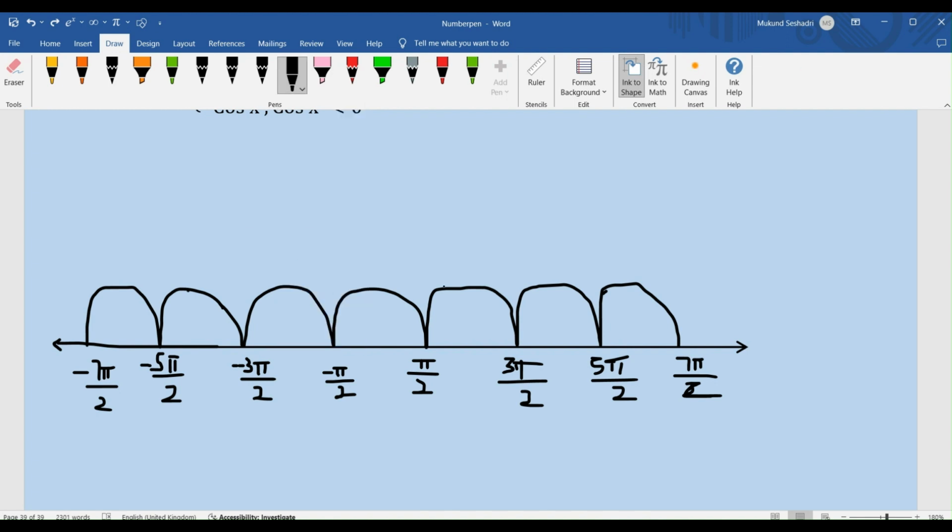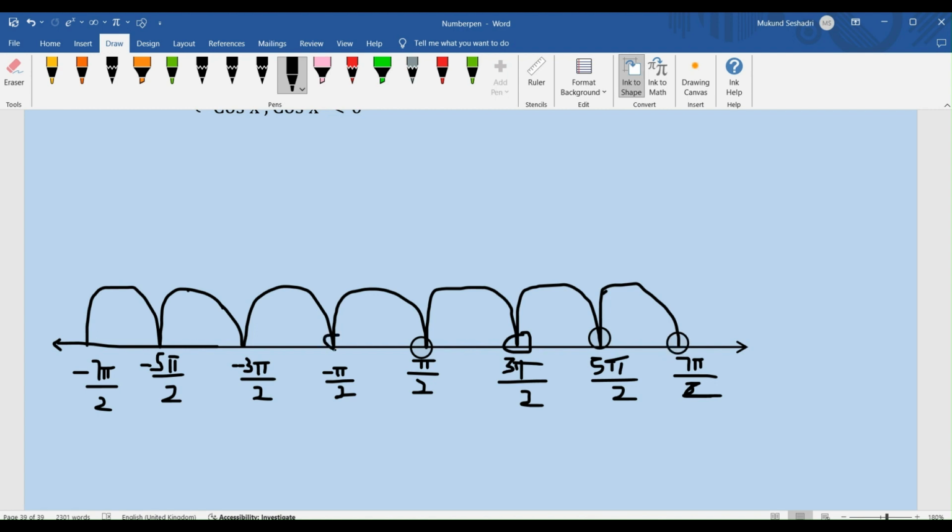So my function has sharp edges at these points, right? At pi by 2, 3 pi by 2, 5 pi by 2, 7 pi by 2, and so on in the positive direction of x.